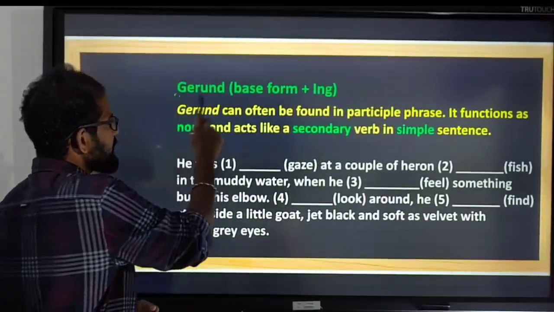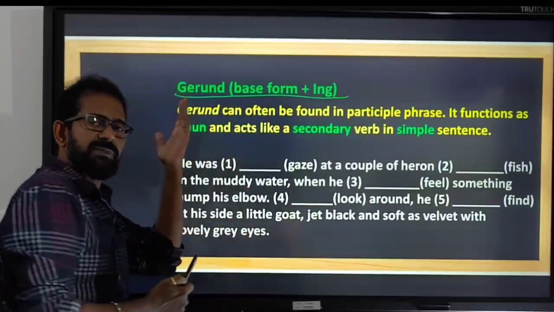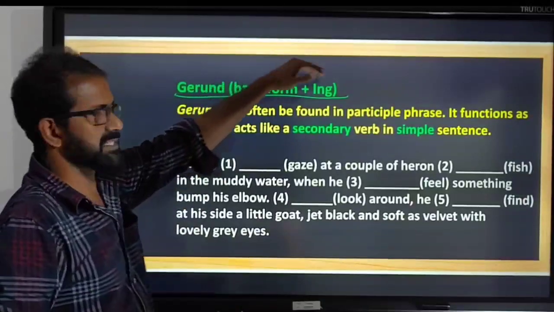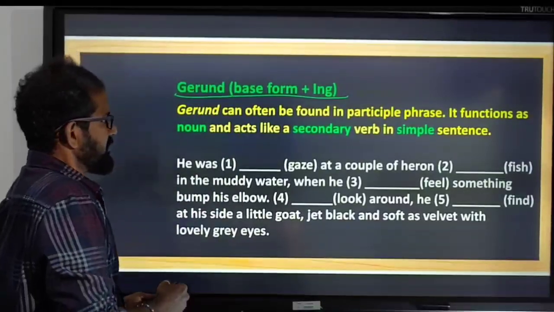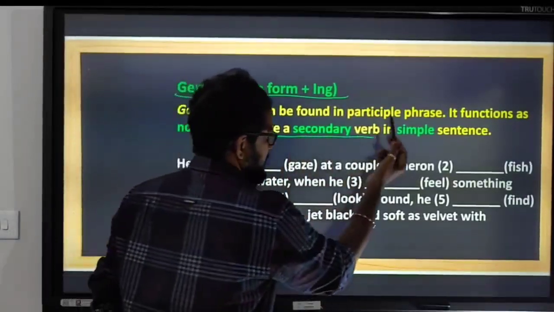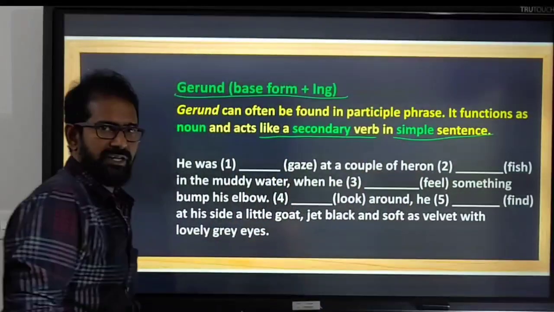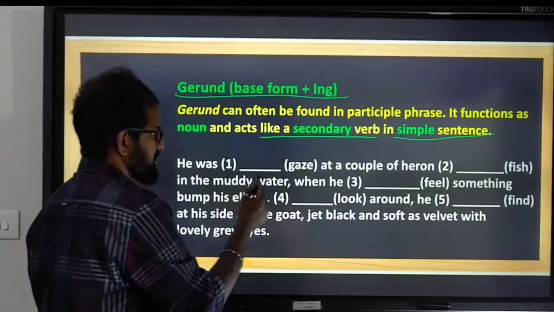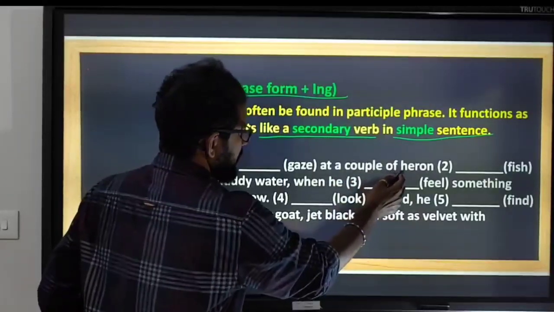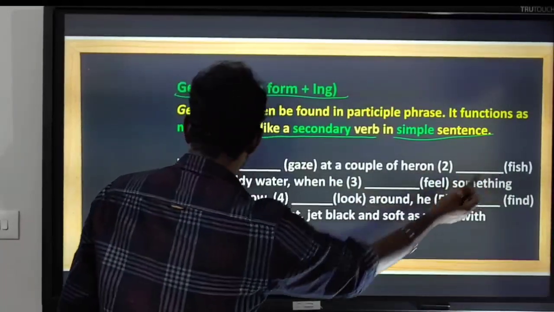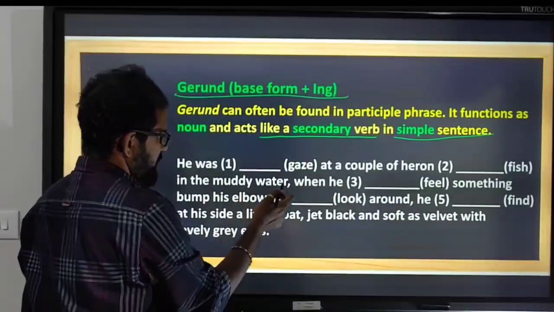Now we learn gerund. Gerund is a present participle, base form plus ing. And it also acts like a secondary verb in a simple sentence. Let's look at the example given. He was gazed at a couple of heron fish in the muddy water.